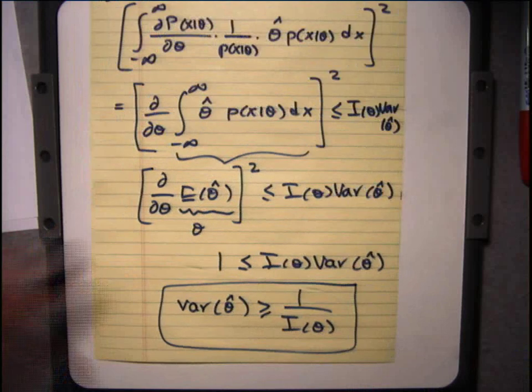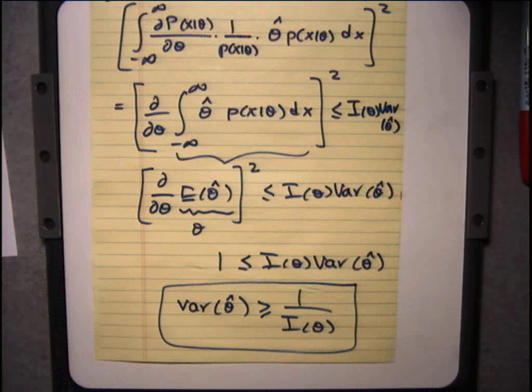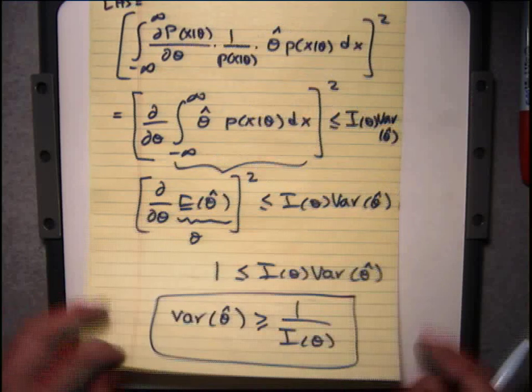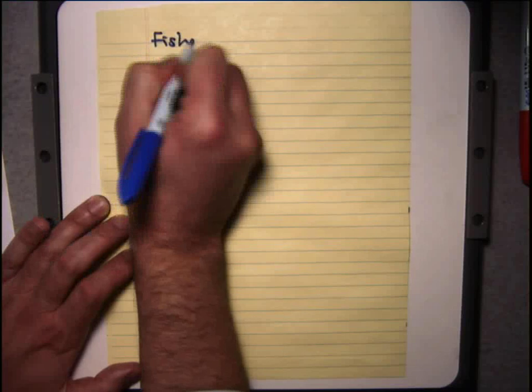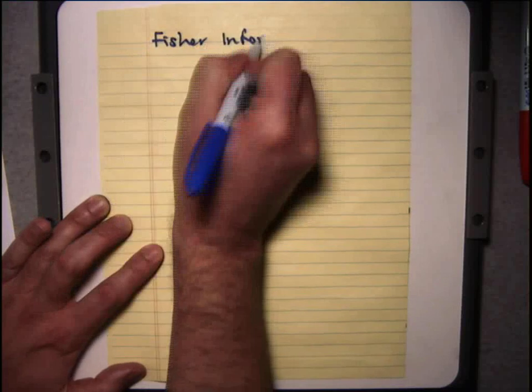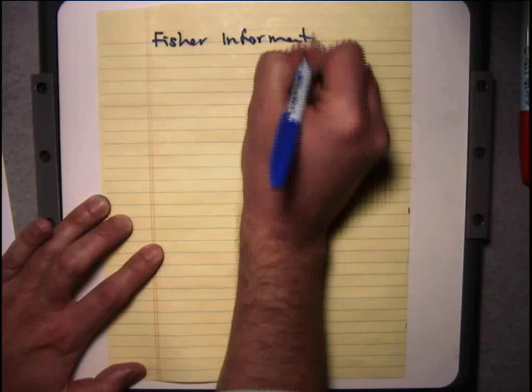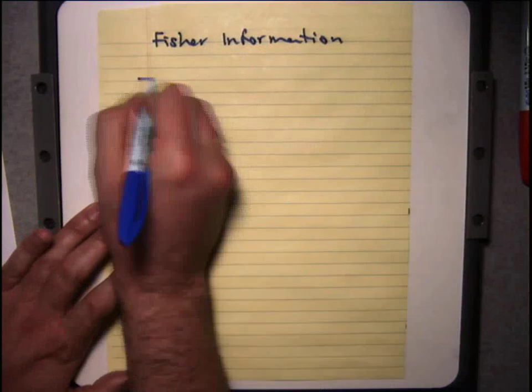Now, just to put things in perspective a little bit, I don't think we have enough time to go through any more details, but I just want to remind you what the Fisher information is and how we defined it in two different ways. That's this I of theta.